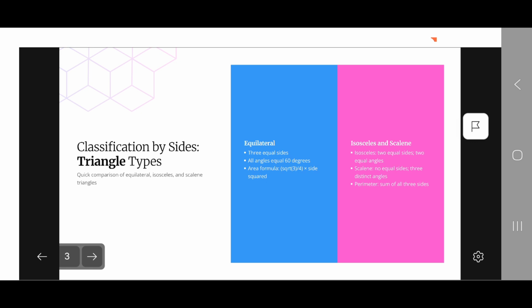All angles equal 60 degrees. So, the area formula.